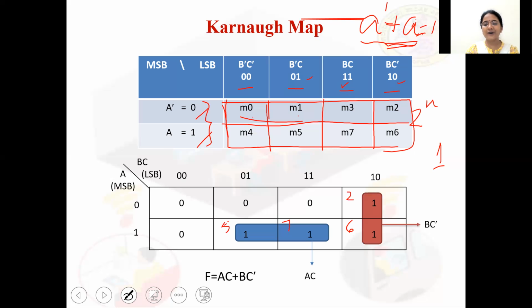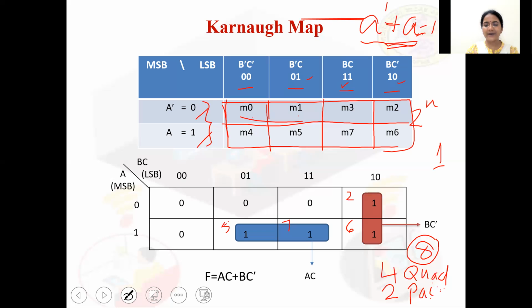First, we check for an octet, 8 cells, whether they are logic high or not. If no 8 cells are adjacent which are logic high, then we go for a quad. Next, if no 4 cells are adjacent, we go for a pair, that is 2 cells we have to group.